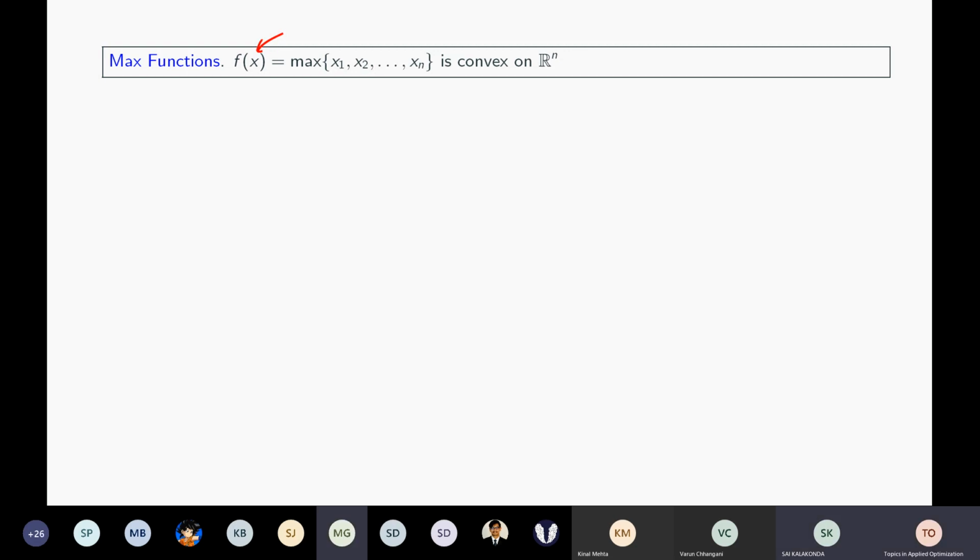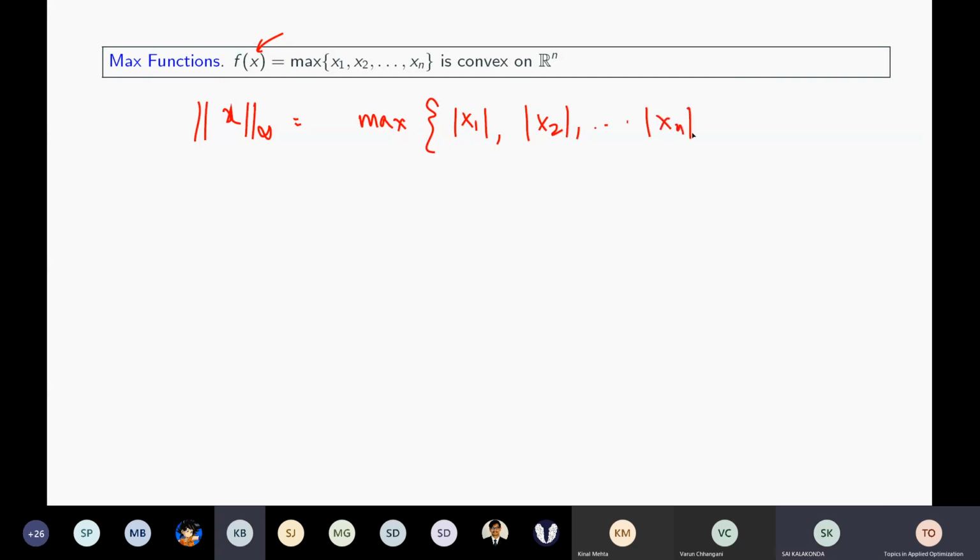So you recall that the infinity norm is the max of the absolute values of x1, x2, and so on up to xn, because a norm must be positive, so that's why we need the absolute value. But here we don't have the absolute value, so this is slightly different. Otherwise, if it had the modulus, we could have used the previous result and said that since the norm is convex, this is convex. But it turns out that this is not.